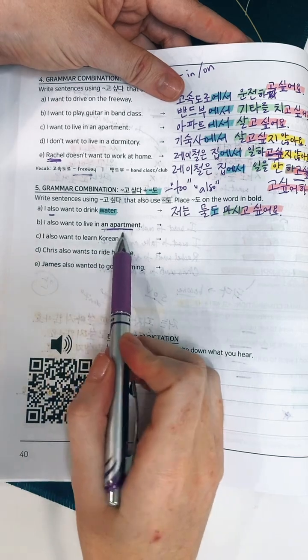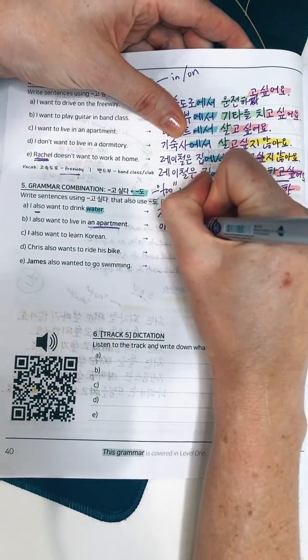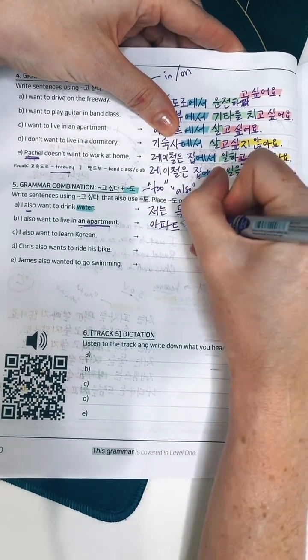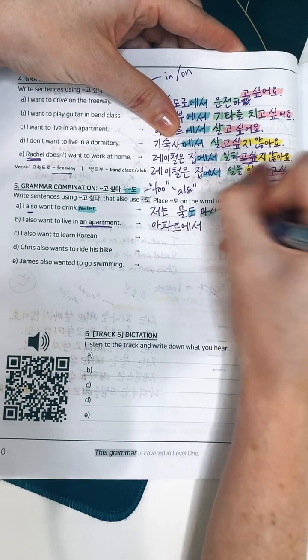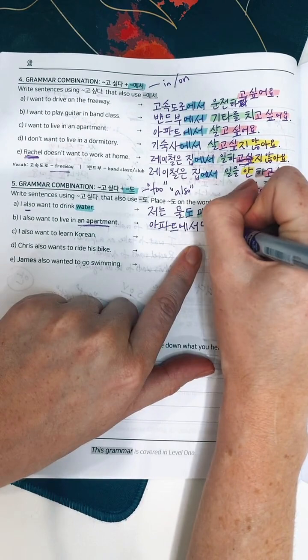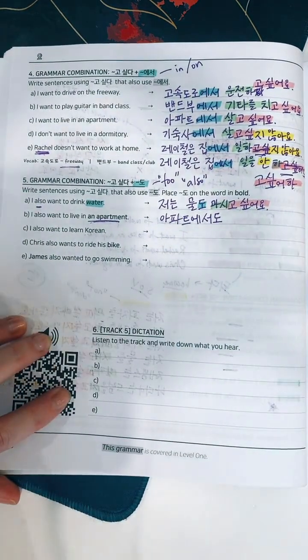I also want to live in an apartment. Okay, so apartment is 아파트. In an apartment is 에서. And now how do we say also in an apartment? This is where the 도 goes. 아파트에서도.